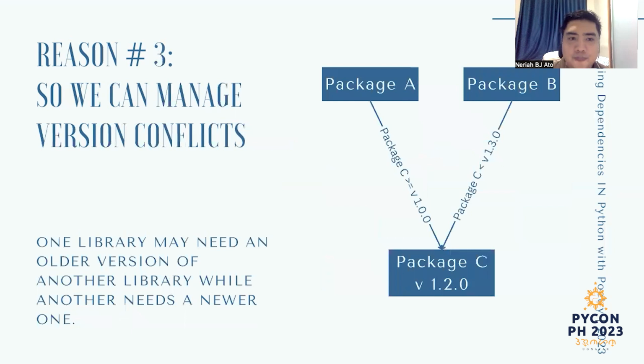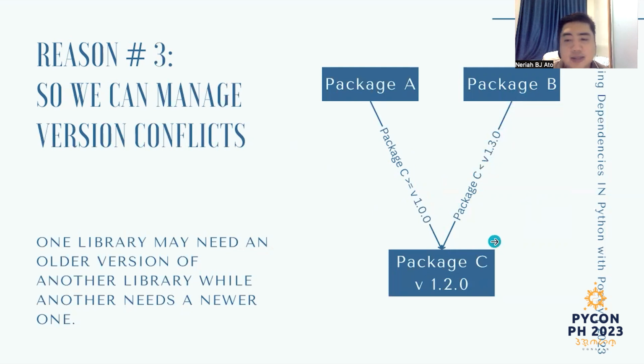Reason three. Let's say we have the same project and we are using two packages. Those two packages require the same library, but they have different version requirements for that same package. Let's say package A needs less than or equal to 1.0, and then package B needs less than 1.3.